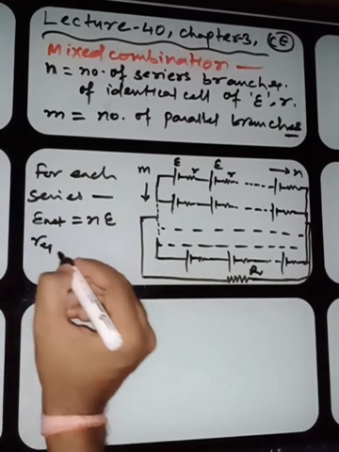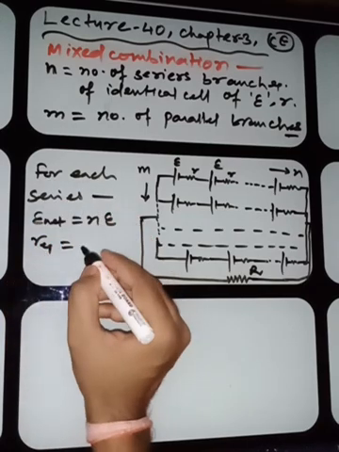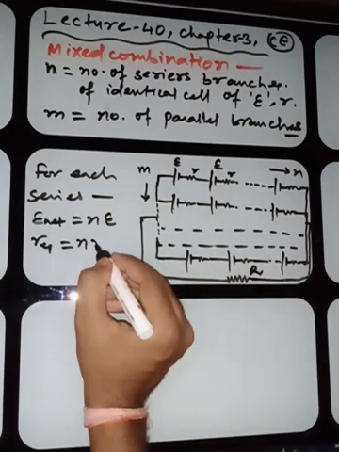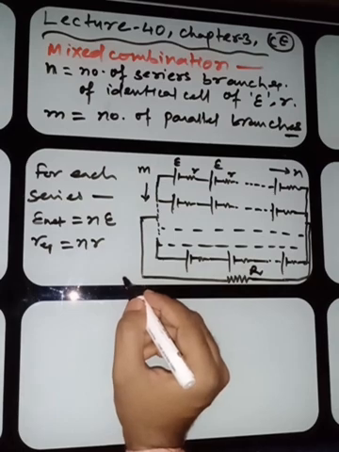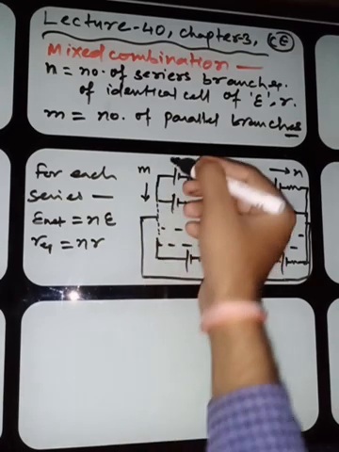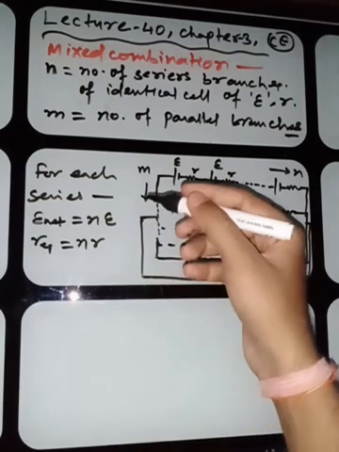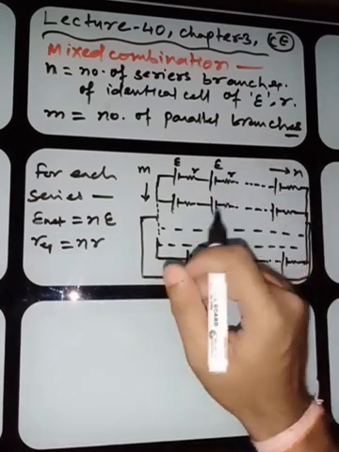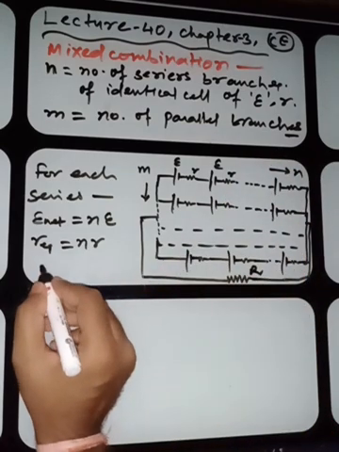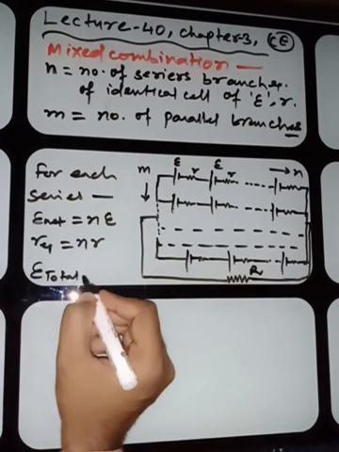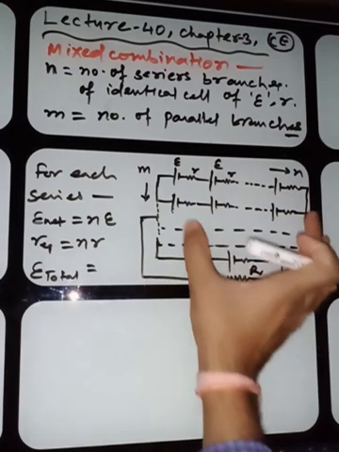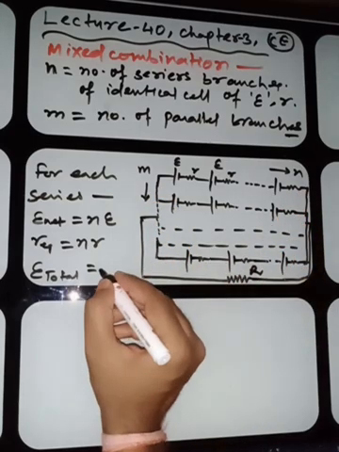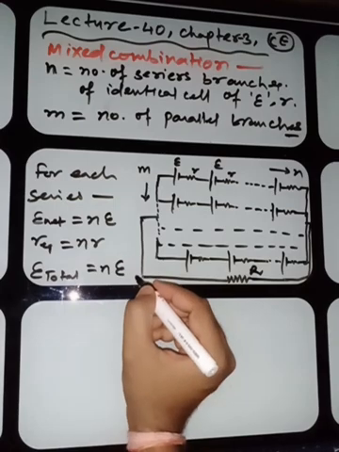For the series branch, if two resistances r are connected, here n resistors are connected, so the total resistance will be n times r. Now for the parallel combination, we will find the EMF and total resistance. So the E net, the total for the entire network: if you arrange all the branches in parallel, the net EMF will not change, so it remains the same, nE.